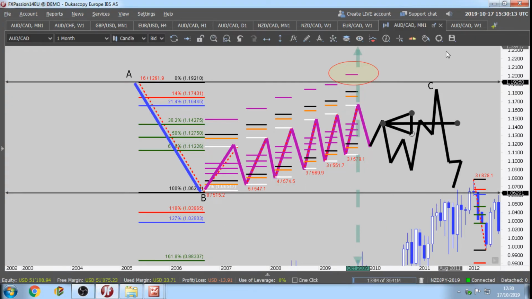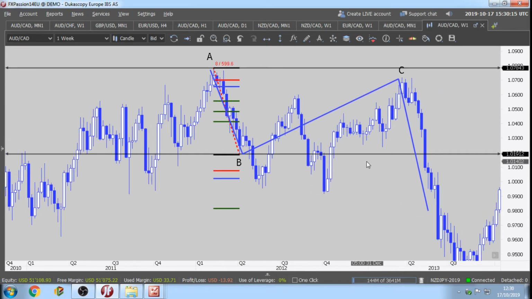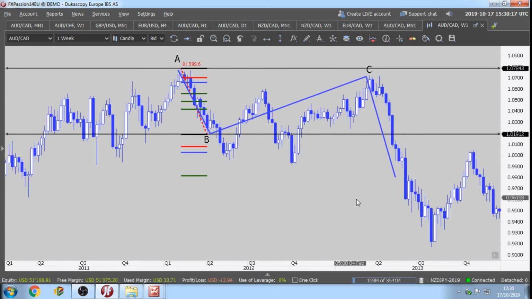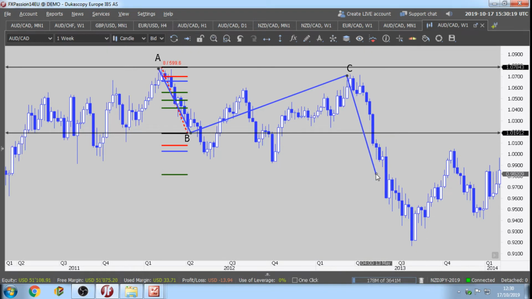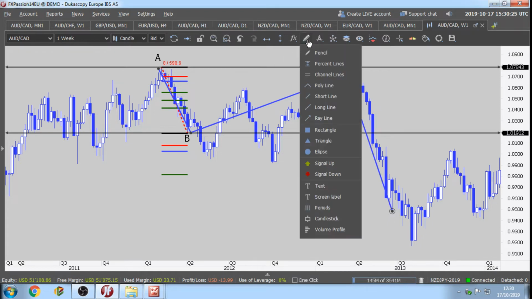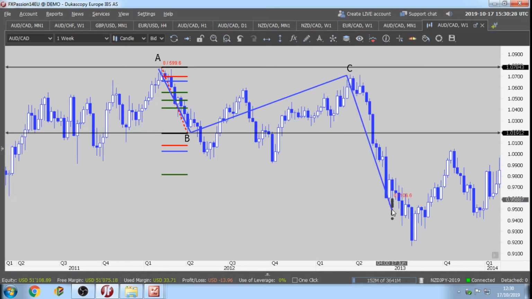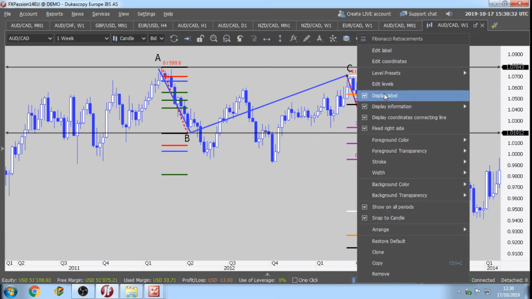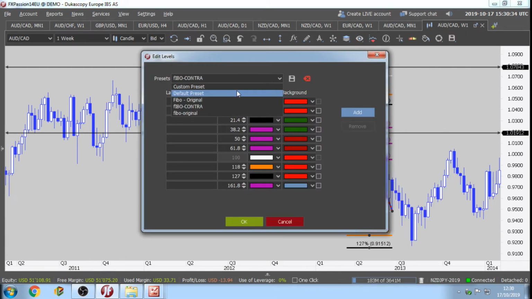Okay? So, A of the CAD weekly chart. A to B, B to C, projected. D should be the blue or the red. We don't have a low, so first low is this one. A new sequence, A to B, not this one. Same color, the original Fibonacci.